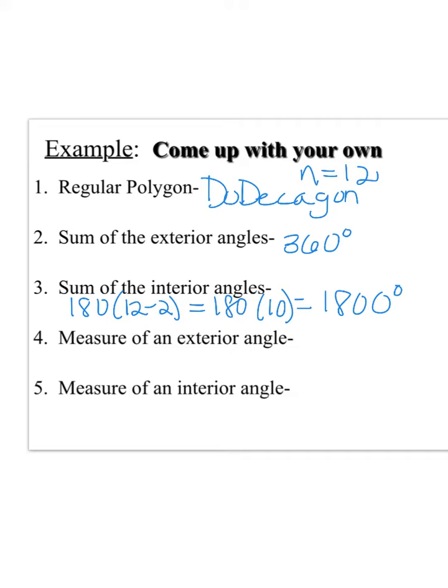Measure of one exterior angle. Hopefully you took 360 and divided it by the number of sides that's associated with the polygon you selected.